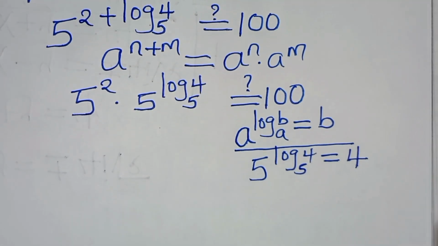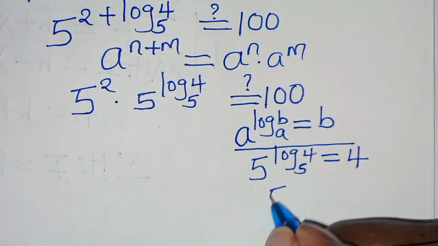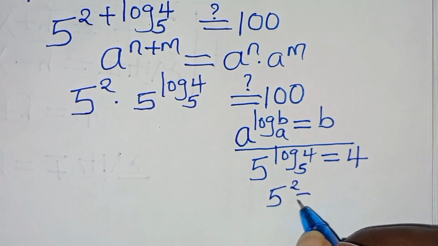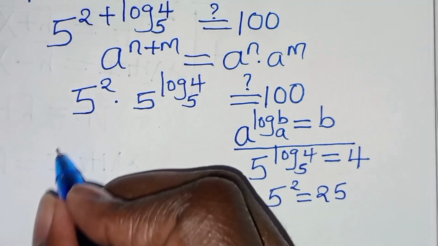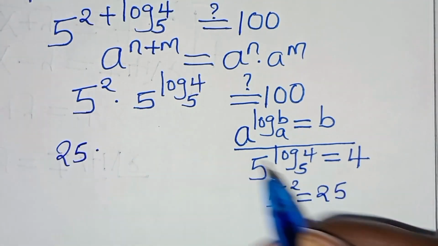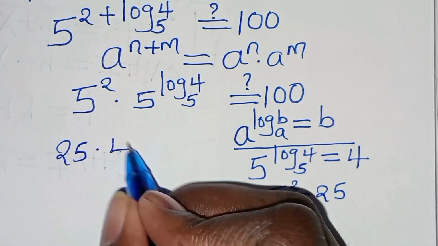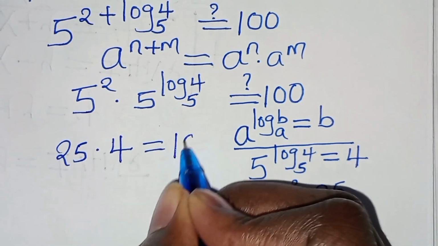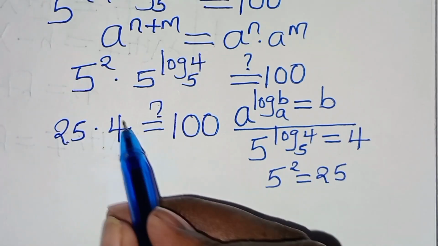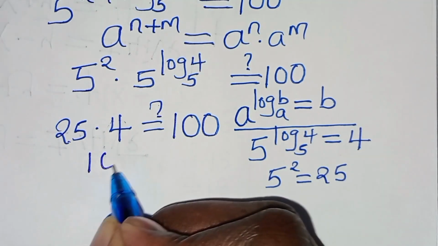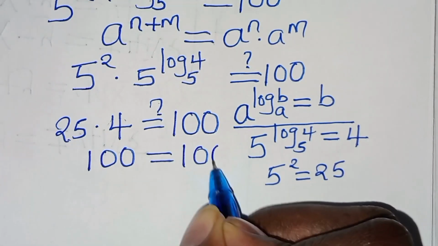The next step is that we have 5 to the power 2, which is the same thing as 25. So here we have 25 multiplied by 4. This is supposed to give us a value of 100. So 25 times 4 is equal to 100, which is equal to 100.